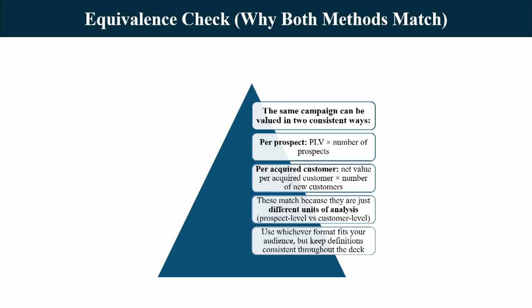The benefit of this method is that total value is derived, right. Both aspects have their own advantages and disadvantages, but it will remain consistent. The only thing is that you have to understand which unit or level of analysis you are using, right. So, let us quickly do this equivalence check of both these methods. The same campaign can be valued in two consistent ways, both these ways are the same.